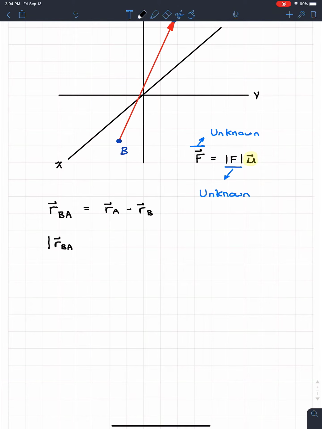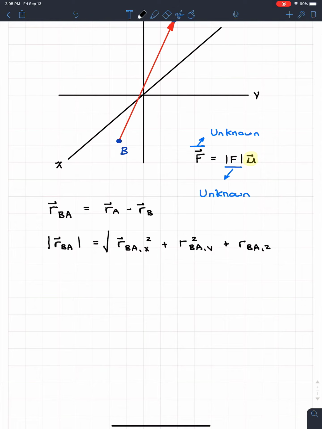We can find the magnitude just right from what we calculate above, because that's going to be equal to the square root of RBA,x squared plus RBA,y squared plus RBA,z squared.